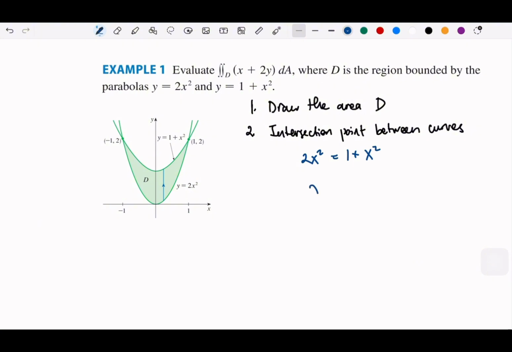Then we get that x squared is equal to 1, which means x is plus or minus 1. So the points are (1, 2) and also (-1, 2), right?